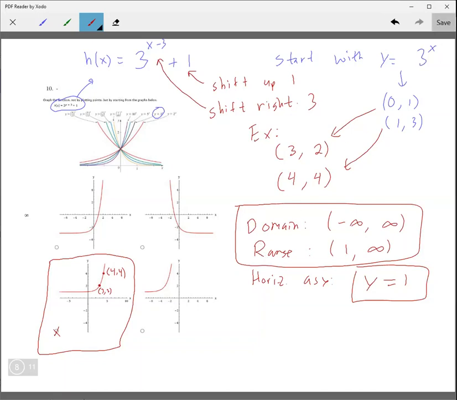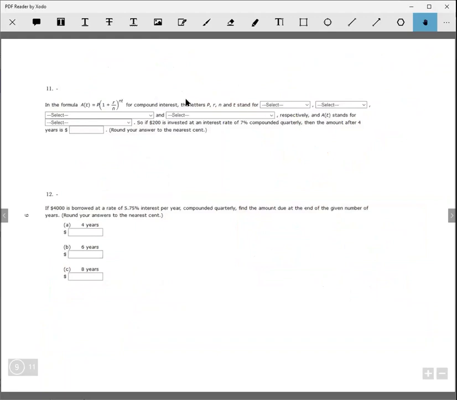Okay, so now we get to do some fun stuff. It's also related to exponential functions. This is compound interest. Okay, here's the formula for compound interest. Let me introduce it to you. P stands for the principal.